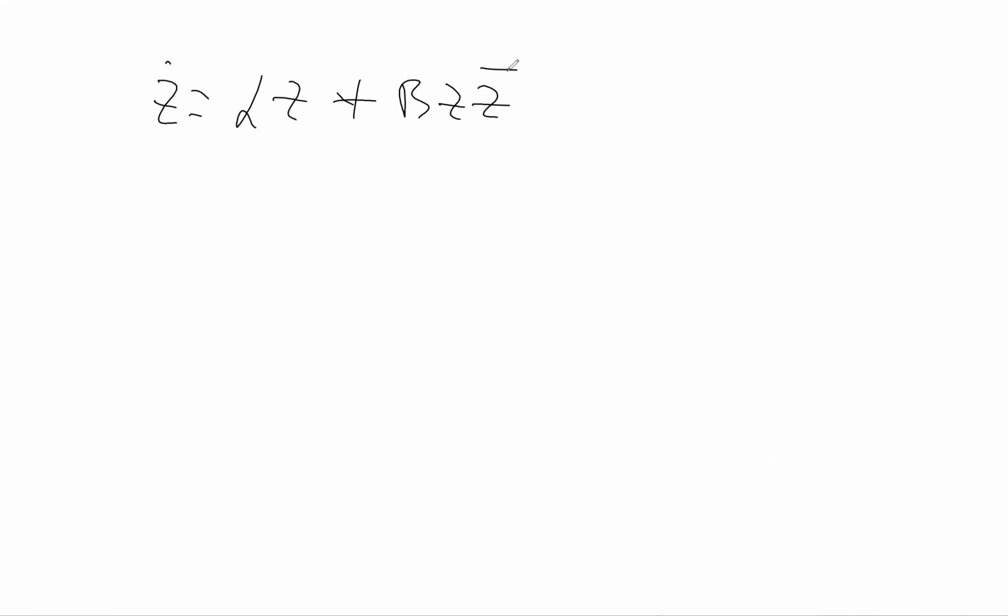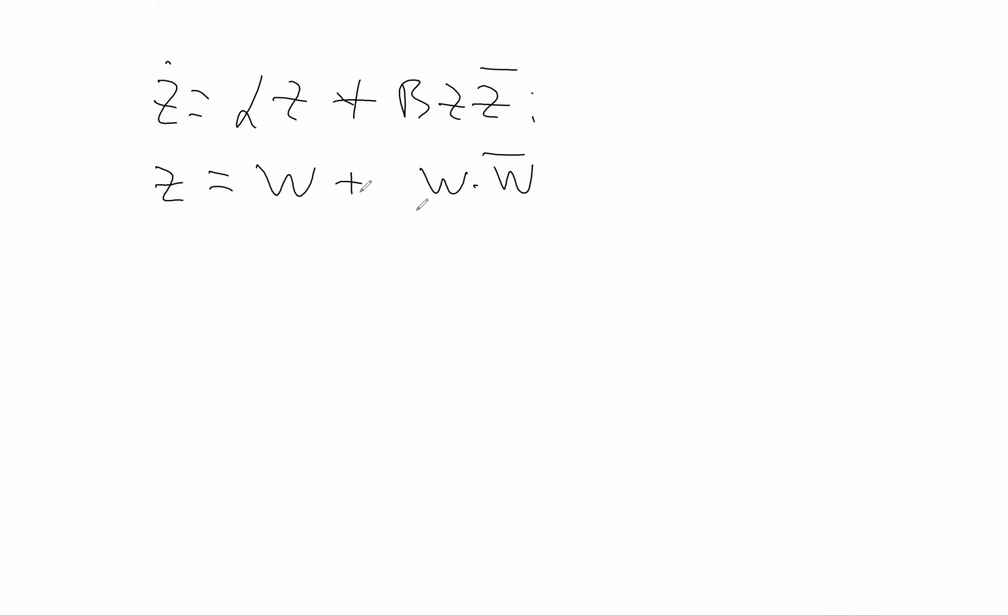So we can again introduce a variable w, which is connected with our variable z like this, with c times w conjugate.